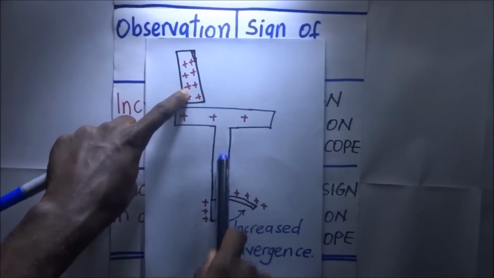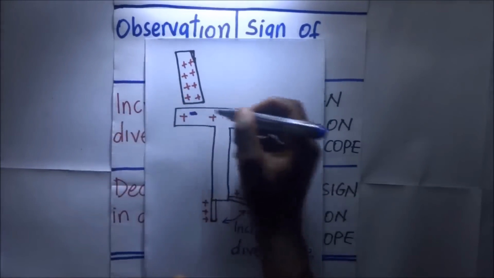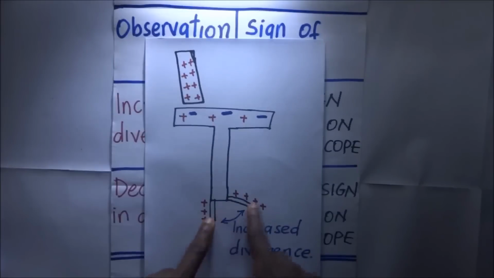So when these negative charges are attracted up here, there's going to be an excess of positive charges down there. And the excess of positive charges down here is what is going to cause an increase in divergence.